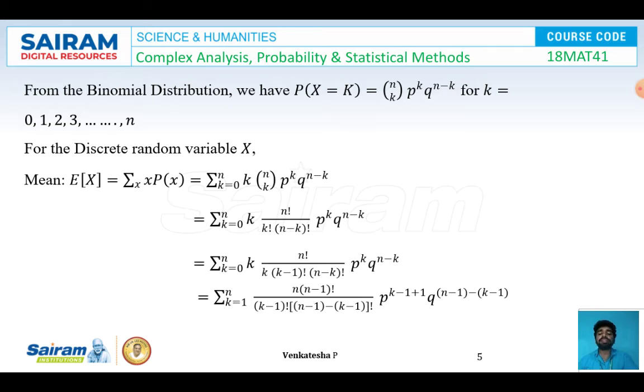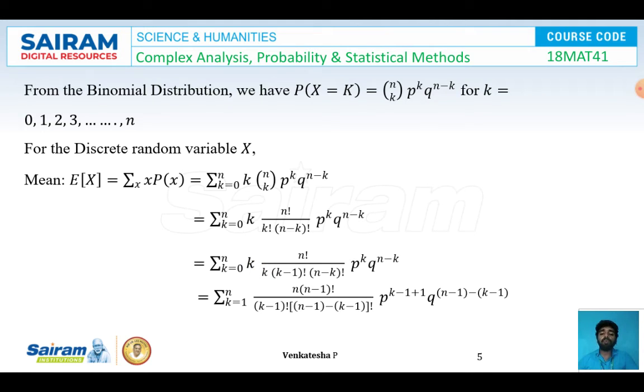To eliminate this k, I am going to expand k! as k into (k-1)!. So I got summation k from 0 to n of k into n! divided by k into (k-1)! into (n-k)! into p^k q^(n-k). Now we are able to eliminate the term k from this equation.